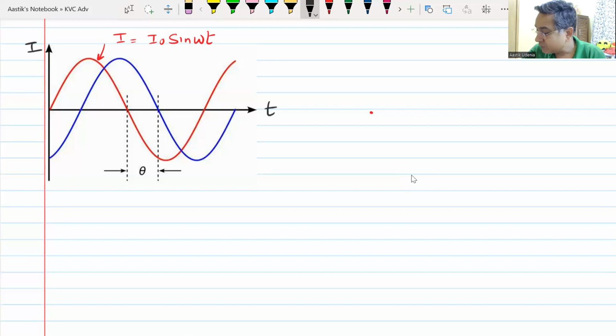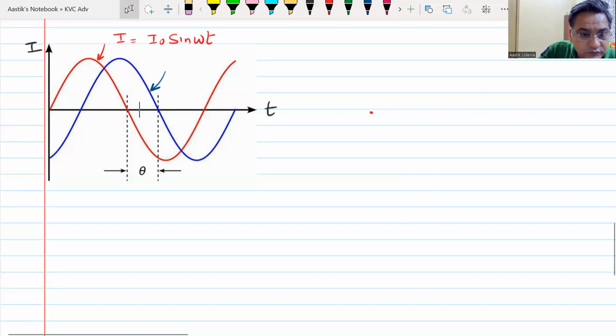Can you tell me what would be the equation of this blue wave? What will be the equation of this blue wave?